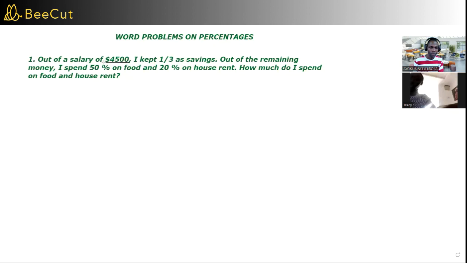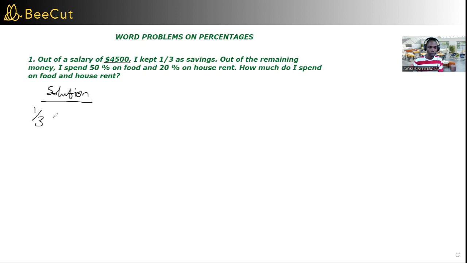So this is the total salary, and out of the total salary, I kept 1/3 as savings. 1/3 of what?